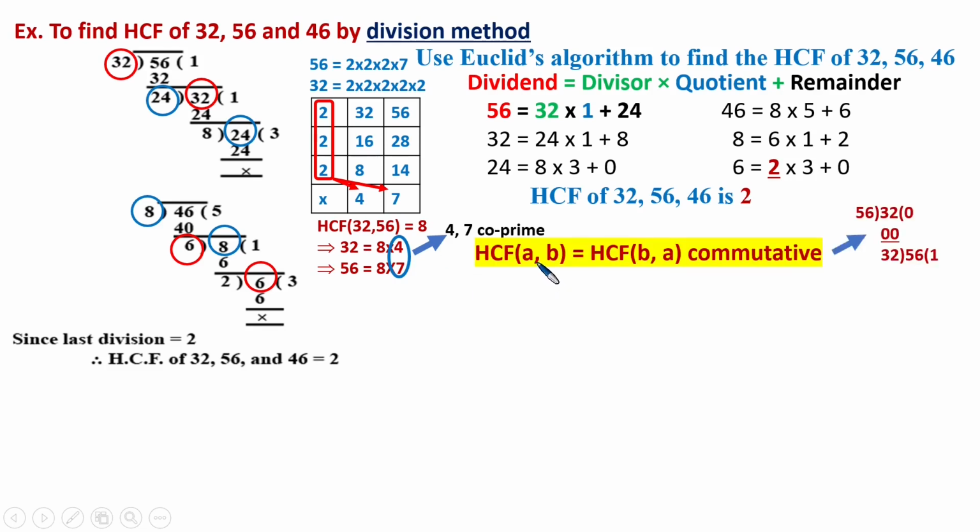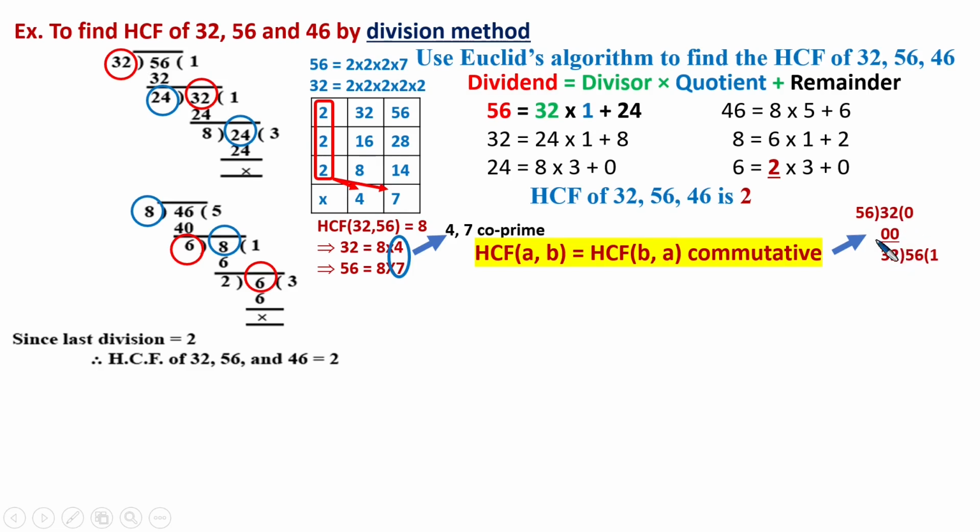Now the HCF of A comma B is the HCF of B comma A. This is called commutative. You will come to know when I say A into B is equal to B into A, that is the commutative property of multiplication. When I say A plus B is equal to B plus A, that is the commutative property of addition. So here the HCF of A comma B is equal to the HCF of B comma A. It is easy to see that if you take 56, 32, you will say it goes 0 times, so you have 0.